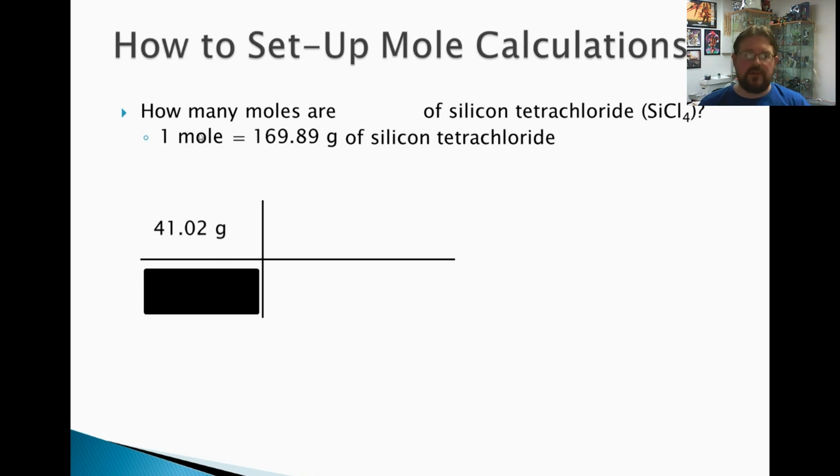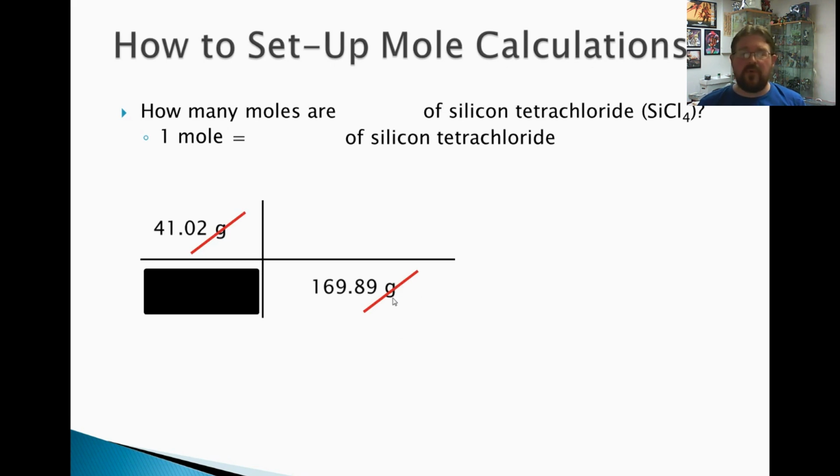Which of my two numbers here has grams in it? The 169.89. So that's going to go here in the bottom right because, just like in fractions, if something on the top is the same as something on the bottom, they cancel out. We don't want grams anymore. The problem asks for moles, so we had to get rid of grams. That's why we do that.